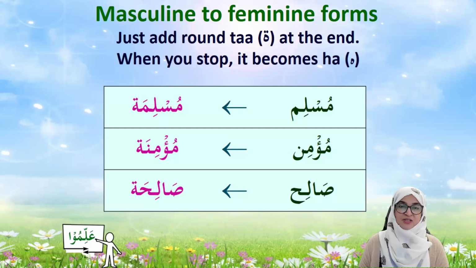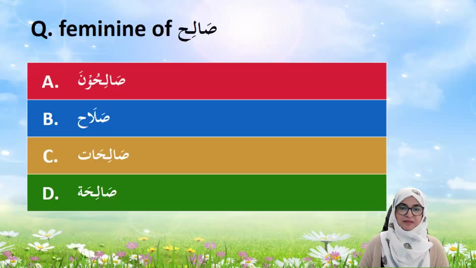Mu'mina. Salih? Saliha. Very good. So all you did is put the ta marbuta at the end of that word and take out the two dots, and it becomes feminine. So that's clear now.